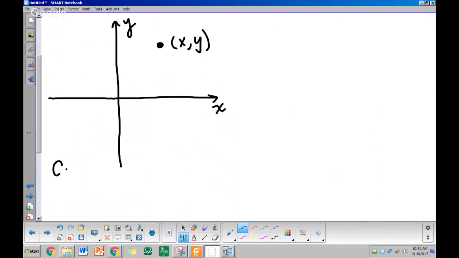This is the Cartesian plane, and we call these rectangular coordinates.